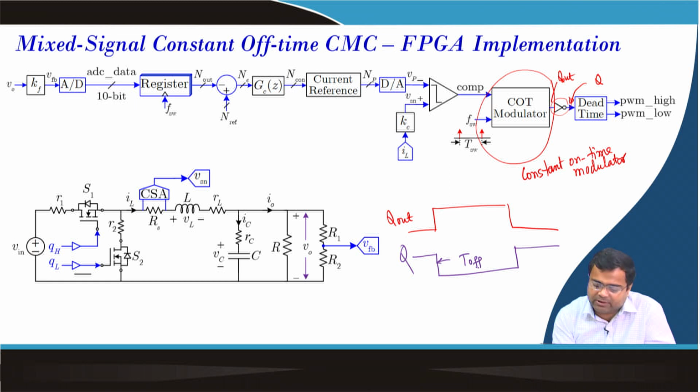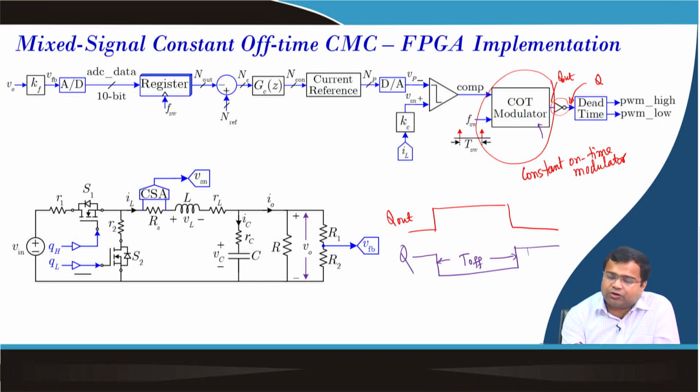That means whatever time duration we set in the modulator as on time is nothing but the constant off time. And if we maintain a minimum off time, it will become a minimum on time for constant off time. So, everything is perfect.